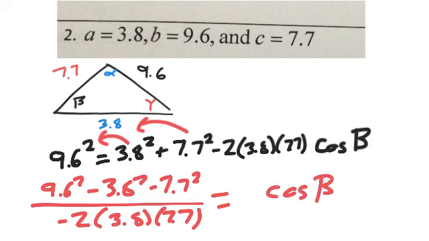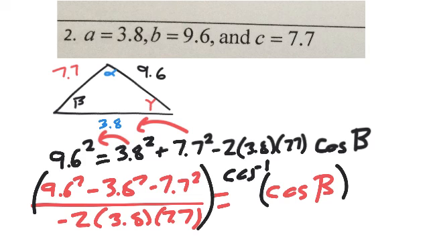I don't really care what cosine of beta is, so I'm going to take an inverse cosine of both sides. And here we go. I've got the inverse cosine of, in the numerator, 9.6 squared minus 3.8 squared minus 7.7 squared, divided by, in the denominator, negative 2 times 3.8 times 7.7.